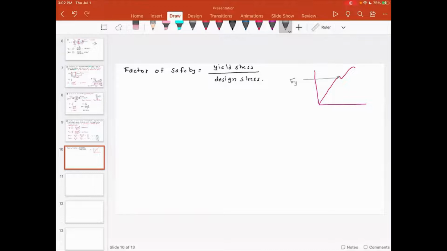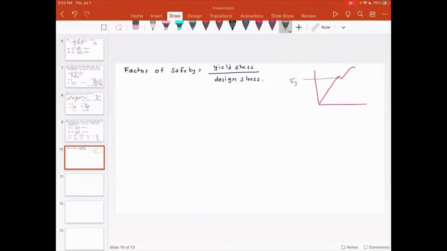Because what's going to happen when the material crosses the yield stress? The material deforms permanently, and that may not be desirable. So think about a car, and then you sit in the car, and all of a sudden the car's chassis deforms. You will not feel safe in that car. So you don't want to go all the way up to yielding.